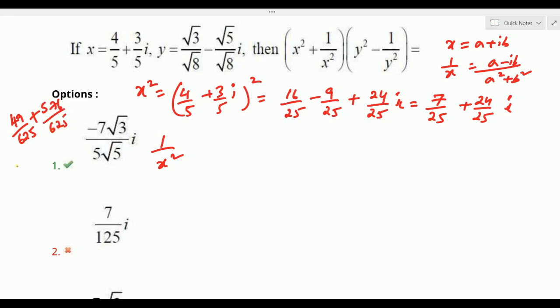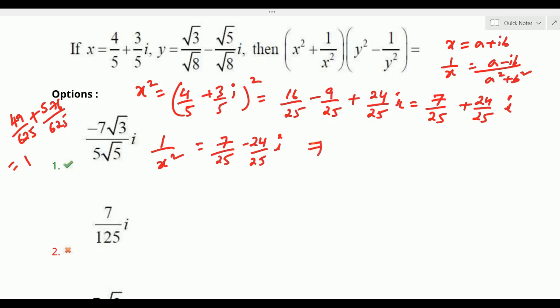If we add both, 625 by 625 becomes 1. So here directly 1 by x square can be written as a minus ib, that is 7 by 25 minus 24 by 25 into i. You know x square is 7 by 25 plus 24 by 25 i, and 1 by x square is 7 by 25 minus 24 by 25 i.